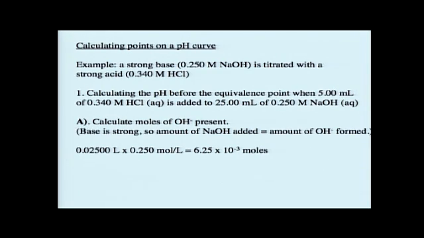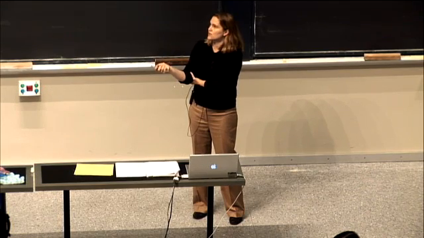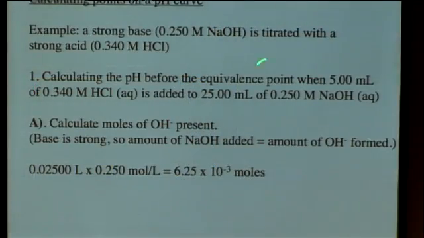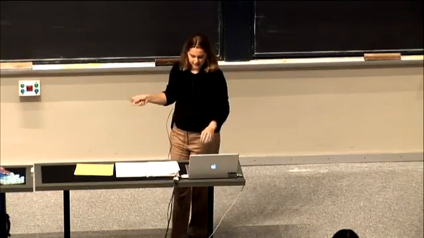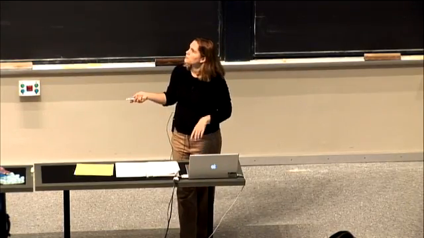So how many moles of OH minus? Again, NaOH is a strong base, so however much NaOH you add is the amount of OH minus you get. And so we just put in the number of liters times the concentration to get moles. We don't need any equilibrium table here.